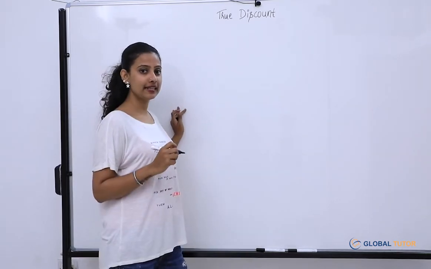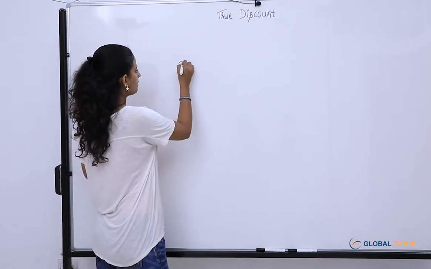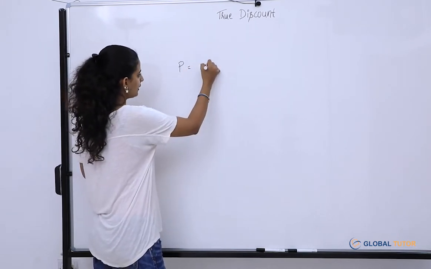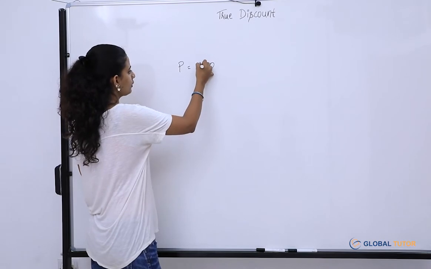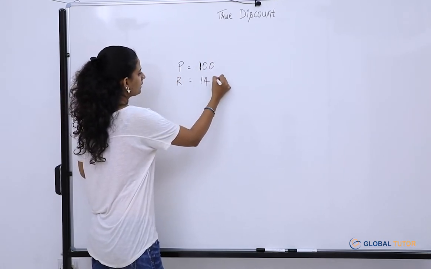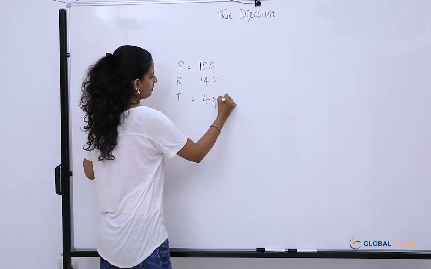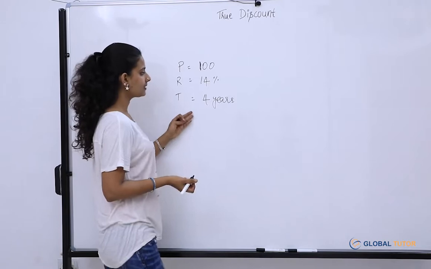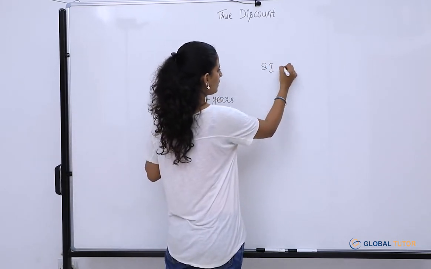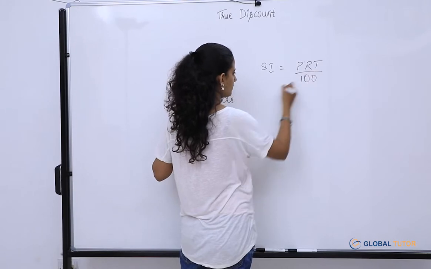Let me take a simple example to make you understand it better. Let's take the principal amount P as 100, and we just said the rate of interest as 14%, and the time period 4 years. In this case, the simple interest will be PRT by 100.